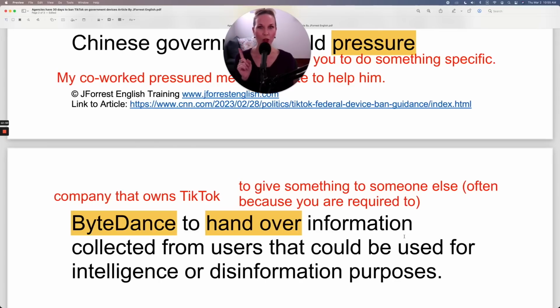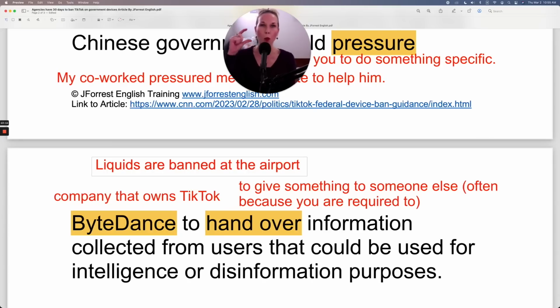Remember, at the airport, liquids are banned once you get through security. So let me write that because it's another great example with the word ban. Liquids are banned at the airport once you get through security, and it's liquids more than 3 ounces, I believe. Liquids are banned at the airport.